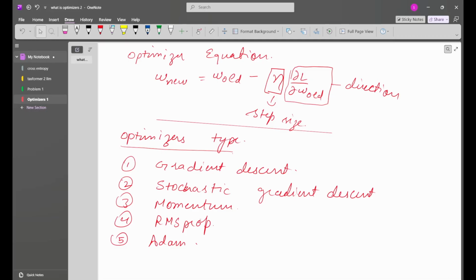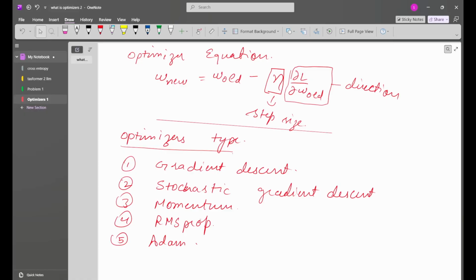So the optimizer fills the gap, and uses the simple equation W new is equal to W old minus learning rate times the gradient. In this formula, the learning rate decides the step size, and the gradient tells us in which direction we need to move. And there are mainly five important optimizers.